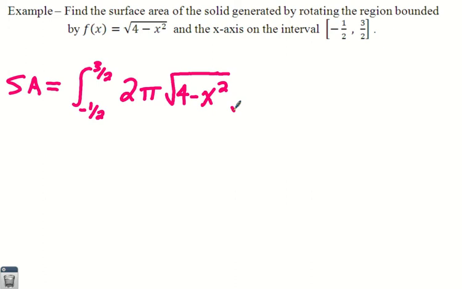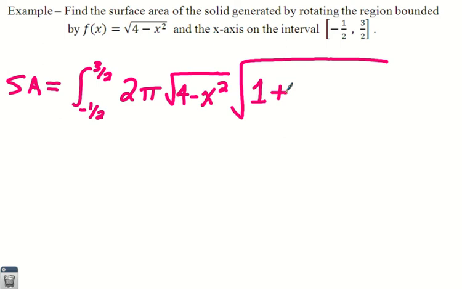Okay. Now comes the giant square root where we do 1 plus, and now it's going to be f prime of x and all of it squared. And this is where you might want to go off on the side to isolate the whole f prime of x squared part, but I'm just going to do it all along the way right in the formula.